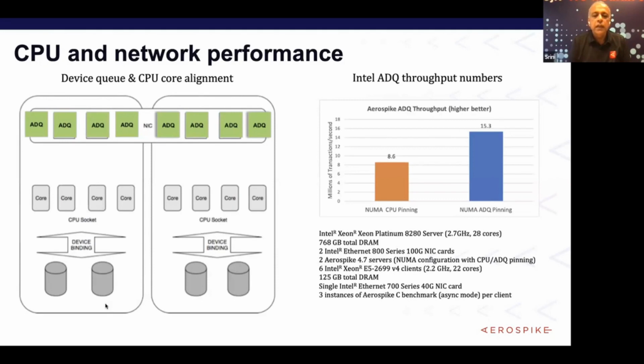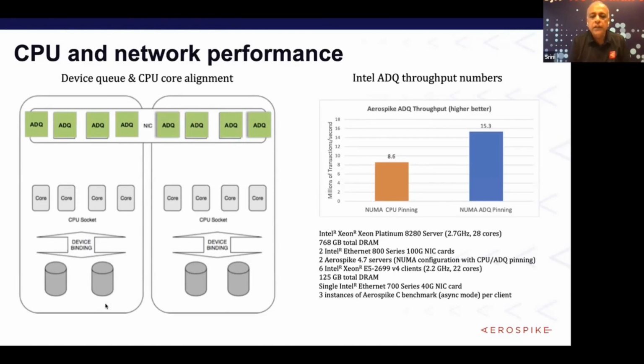We use techniques like CPU pinning, NUMA pinning, and also binding threads to specific network queues, using parallel network queues and making sure a single CPU doesn't bottleneck on dispatching network requests. And there's a whole bunch of techniques that we use to be able to drive very high throughput in terms of transactions per second through a single node.